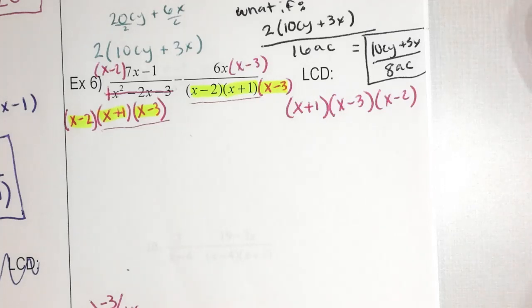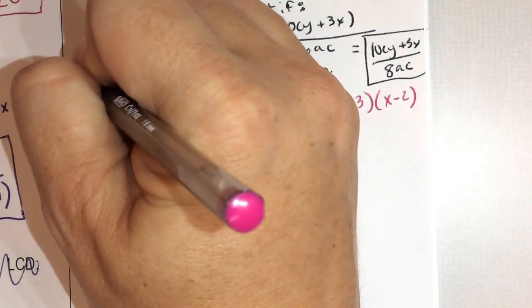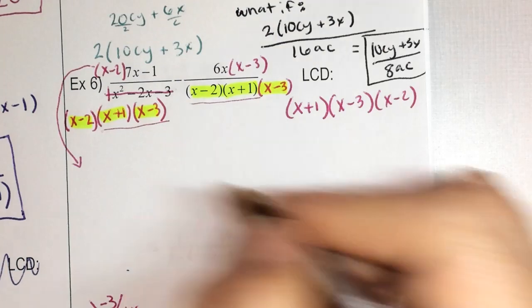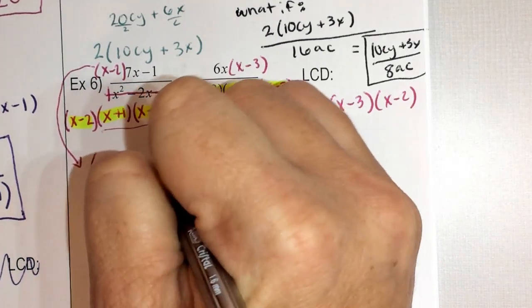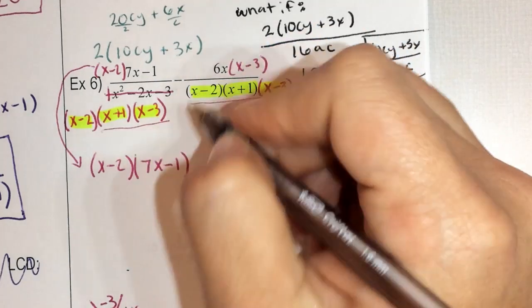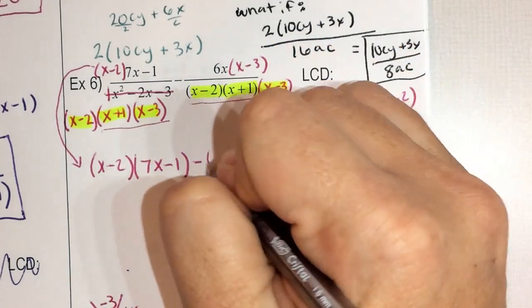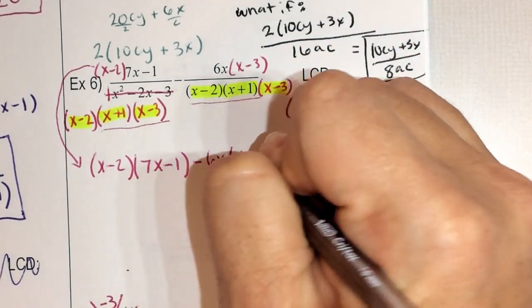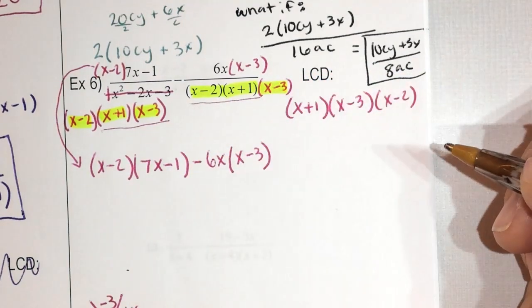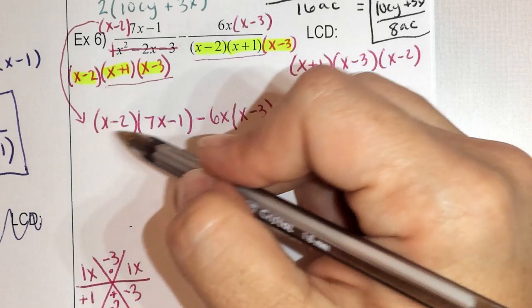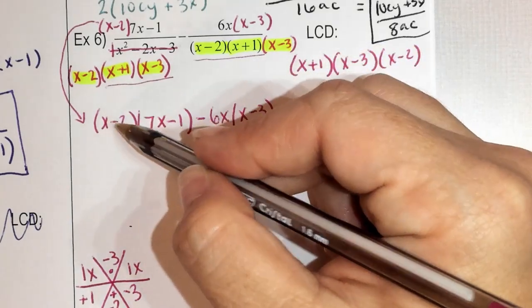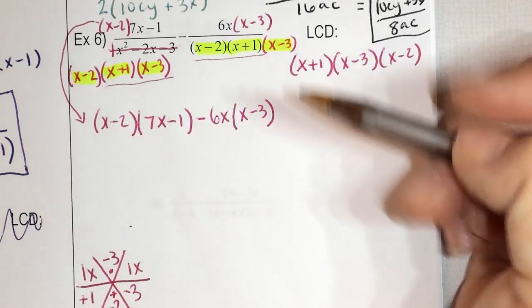So our goal now is to simplify our numerator, right? So I'm going to rewrite my numerator and simplify it. So I have x minus 2, 7x minus 1. I have a minus in the middle, 6x times x minus 3. Now, what sucks is we are double distributing here because this is a binomial times a binomial.